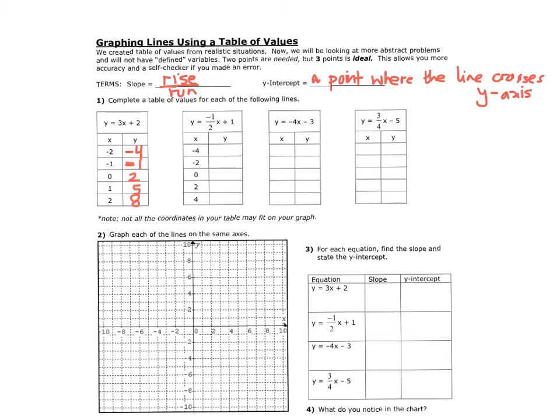When we create a graph, we are just going to plot the coordinates. So for example, if x is negative 2, y is negative 4. When we look in our graph, where would that point be? When x is negative 2, y is negative 4, so that would be right here. So let's plot a point here. The first point is x is negative 2, y is negative 4. The next one is x is negative 1, y is negative 1, right here. 0, 2. 1, 5, so right 1, up 5. 2, 8, right 2, up 8.